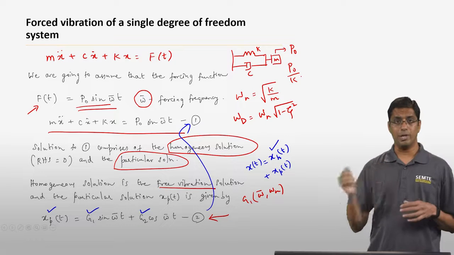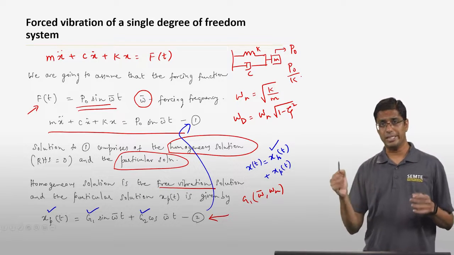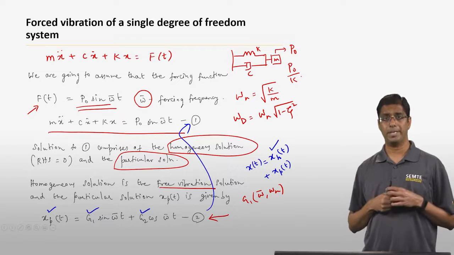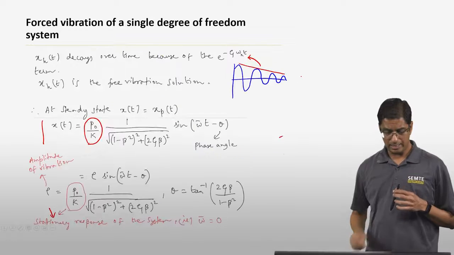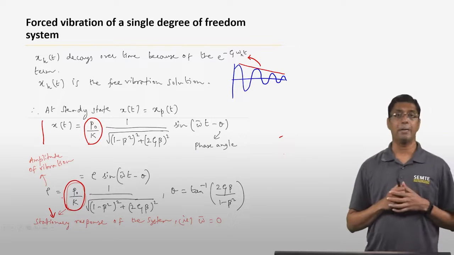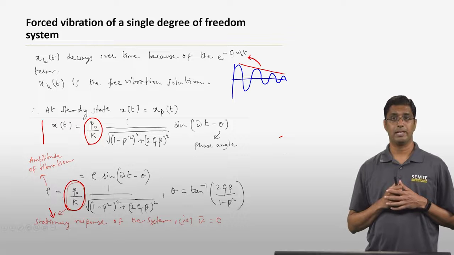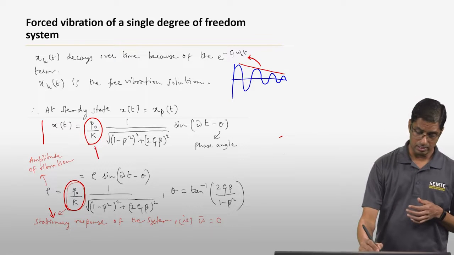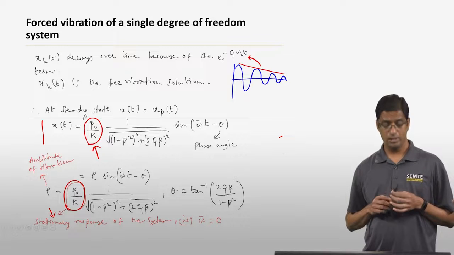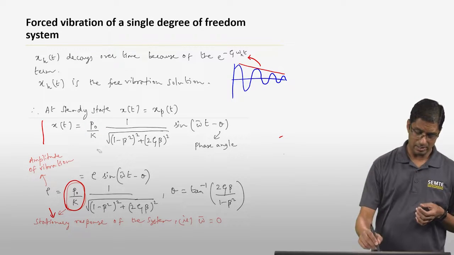So if you don't oscillate it, if you just apply a force and keep it, then the displacement of the system is going to be p naught over k. So that is the first term in the amplitude term of x of t. That is somewhat interesting, right?